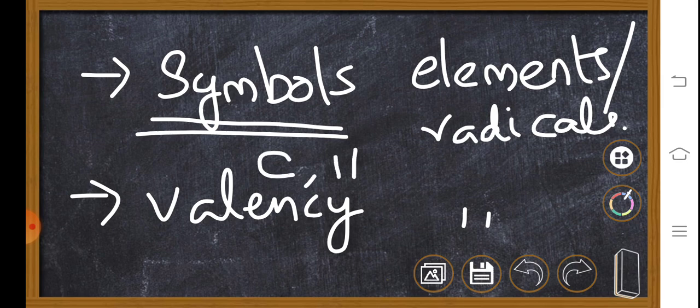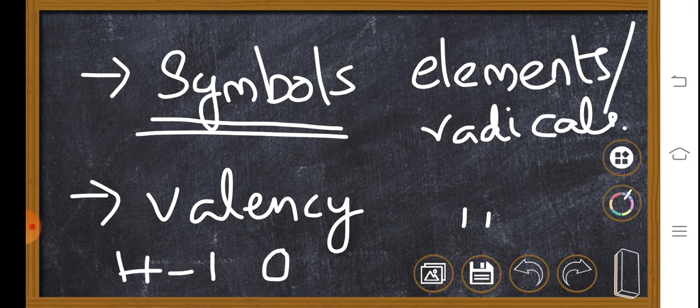If it is hydrogen, it is H, oxygen O, and like that different elements have different symbols. We studied valency on page number 55. There is a chart of the valencies of different elements. Hydrogen has valency 1, oxygen has valency 2, and like that different elements have different valencies.